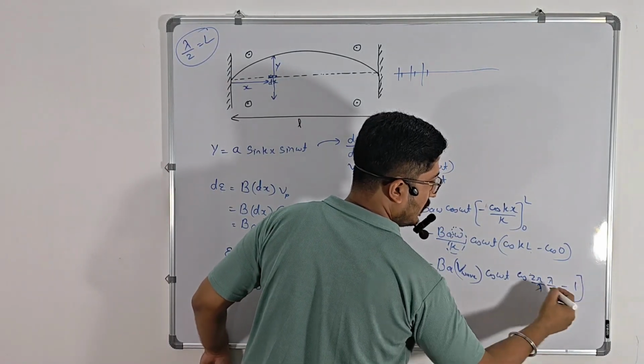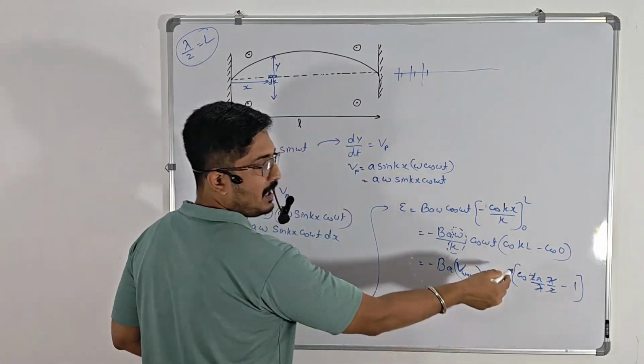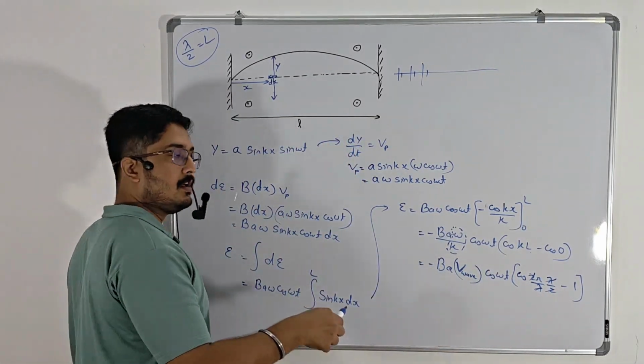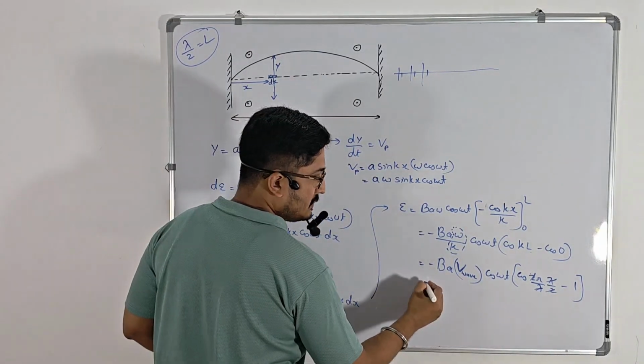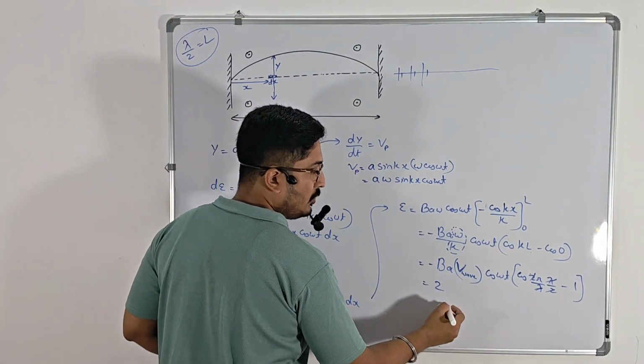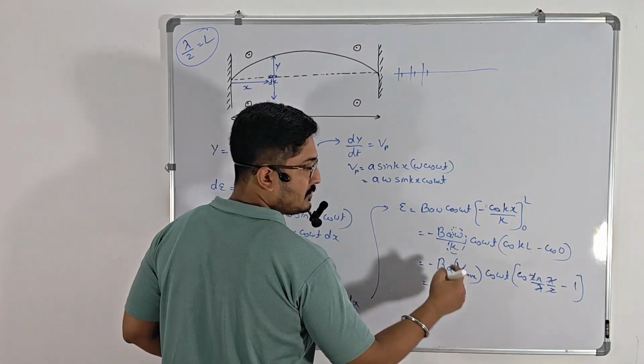Minus cos of 0 is 1, lambda and lambda cancel, 2 cancels, I'll have cos of pi, which is minus 1. So minus 1 minus 1 would be minus 2. The 2 can come this side and the minus will go. So basically 2 times B A times the velocity of the wave.